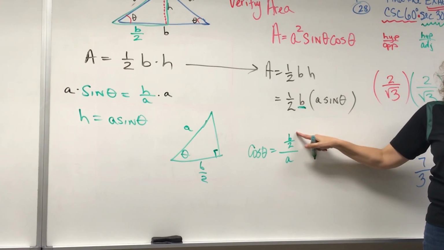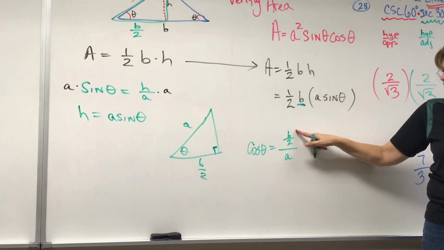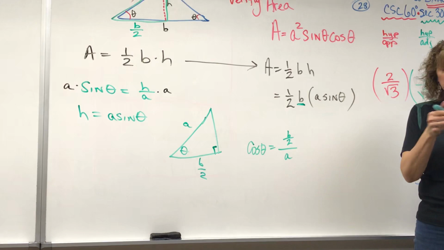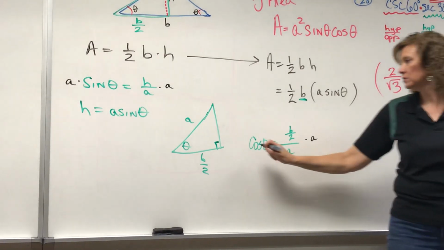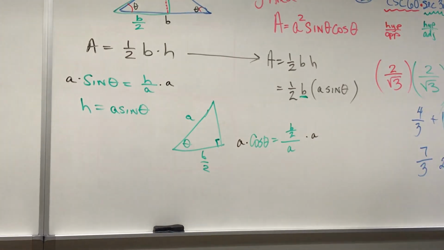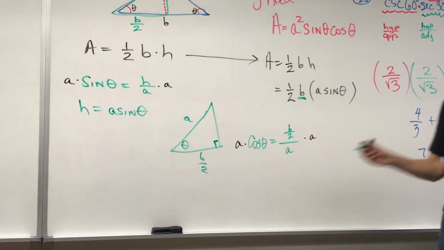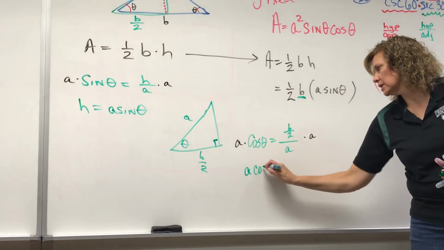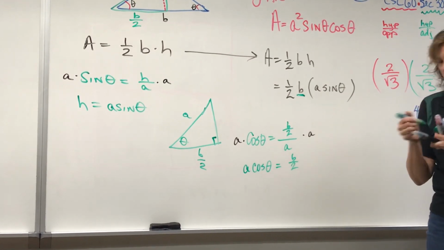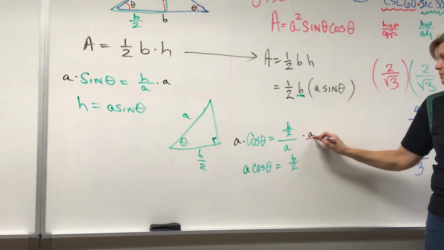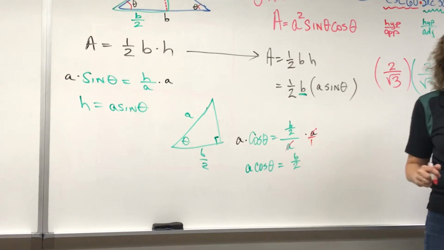We want to solve for b. Instead of fussing with the fraction, we could just multiply both sides by a. That's kind of nice. So we get a cosine theta is b over 2, because the a in the numerator is going to cancel the a in the denominator.